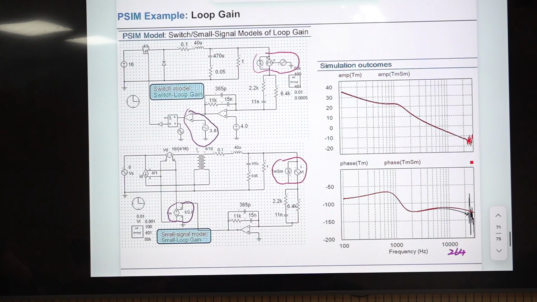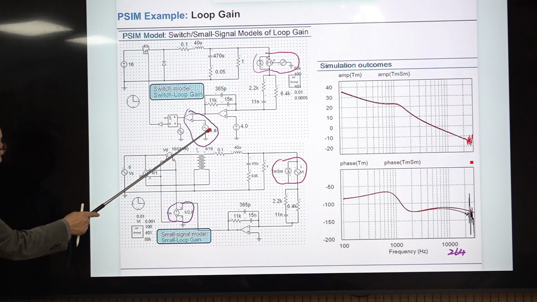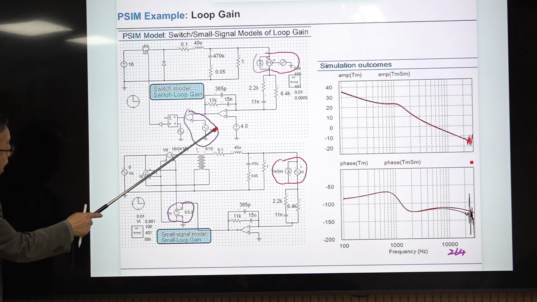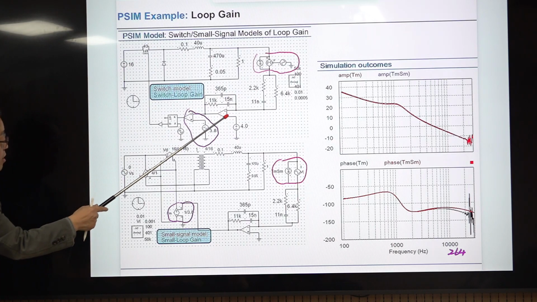And I have this one example. This is a PSIM example. This is the switch mode model for the loop gain evaluation based on the computational method. So this is the height of the ramp. Ramp height is 3.8, and this is the voltage feedback compensation.